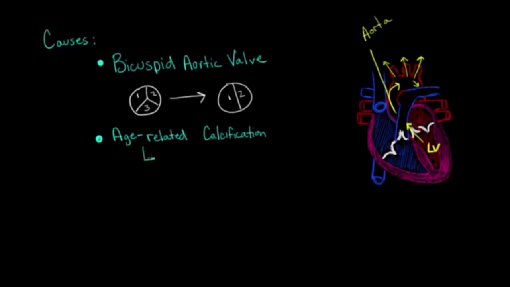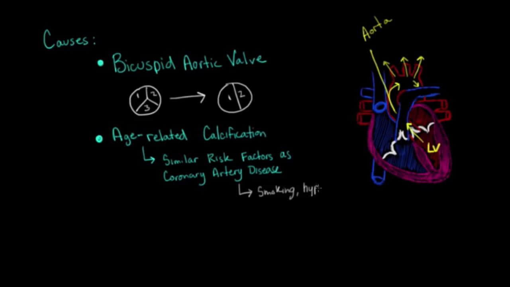Now, the risk factors for having calcification of the aortic valve are very similar to the process of coronary artery disease. So when we talk about risk factors for this, we talk about things such as smoking, high blood pressure or hypertension, hyperlipidemia, or high cholesterol, and diabetes mellitus.